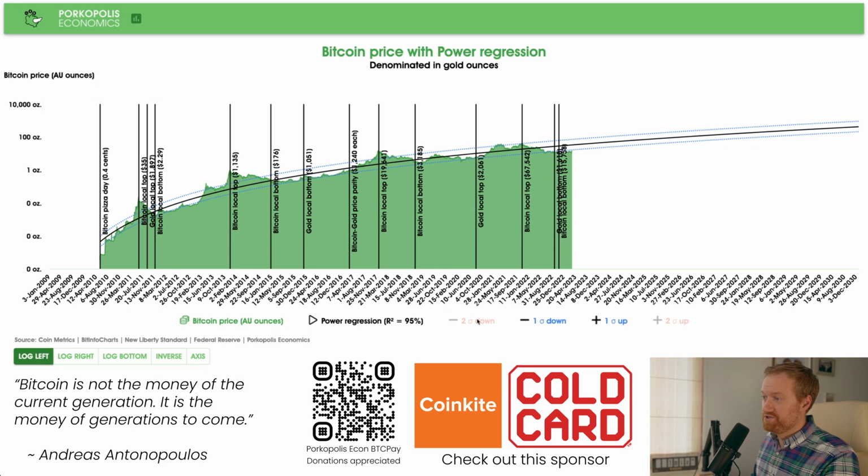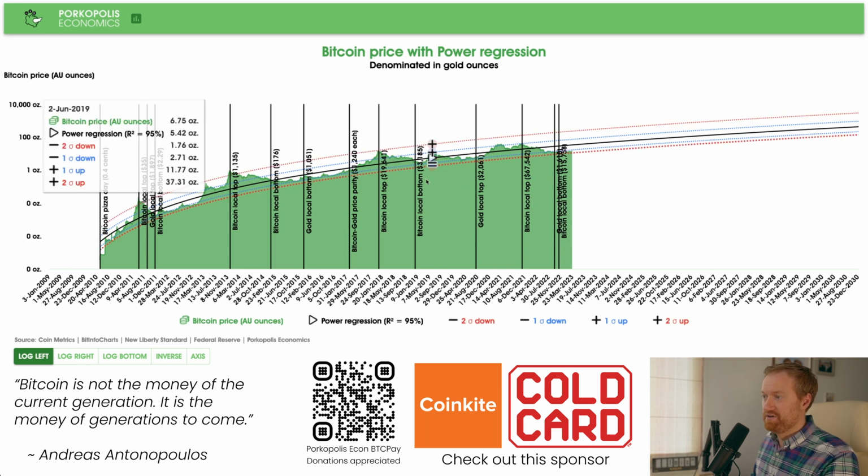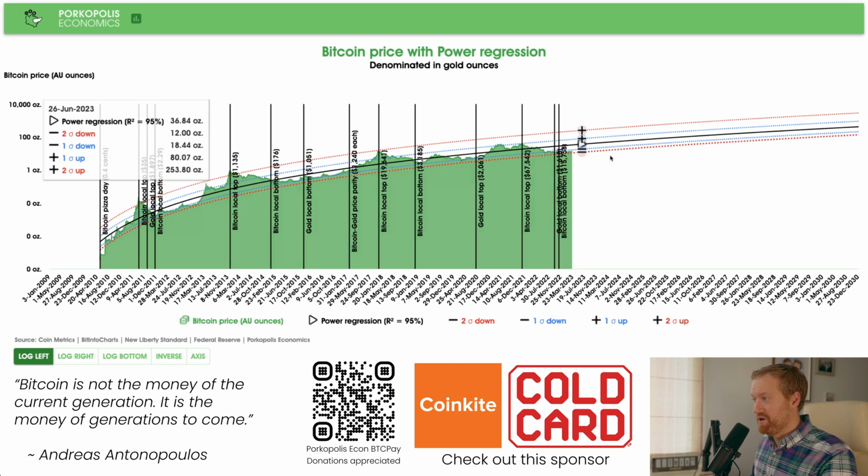Now let's go ahead and put 2 sigma down and 2 sigma up. And now we can see what has been really extreme. So 2011 was an extreme move up. To the downside, really just at the very beginning when there's basically no pricing data, we were definitely below 2 sigma down. Again, what is 2 sigma? That's 95% of the observations will be within these red bands. 95% of the observations will occur here.